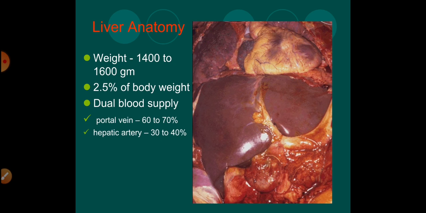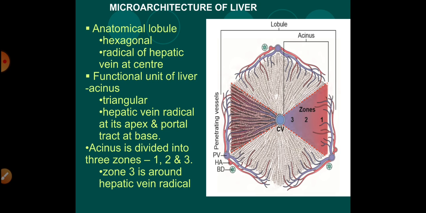The portal vein collects the nutrient-rich blood from the splanchnic circulation and supplies it to the liver. The hepatic artery supplies oxygenated blood from the heart, and it constitutes around 30 to 40% of the blood supply to the liver.